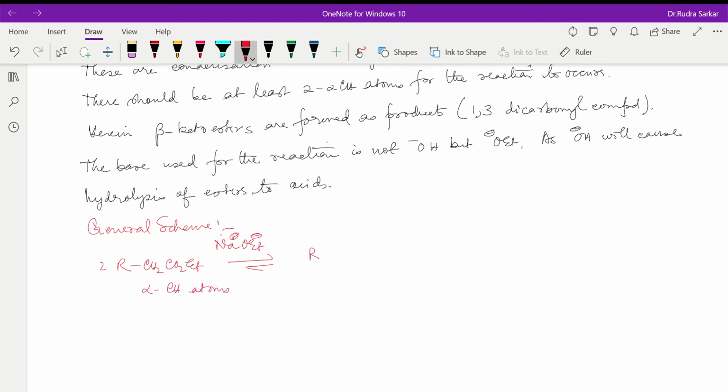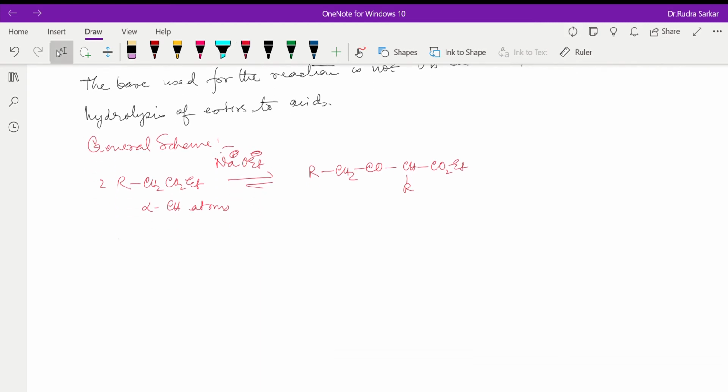Alright, so we will be getting RCH2 C double bond O CHR CO2.